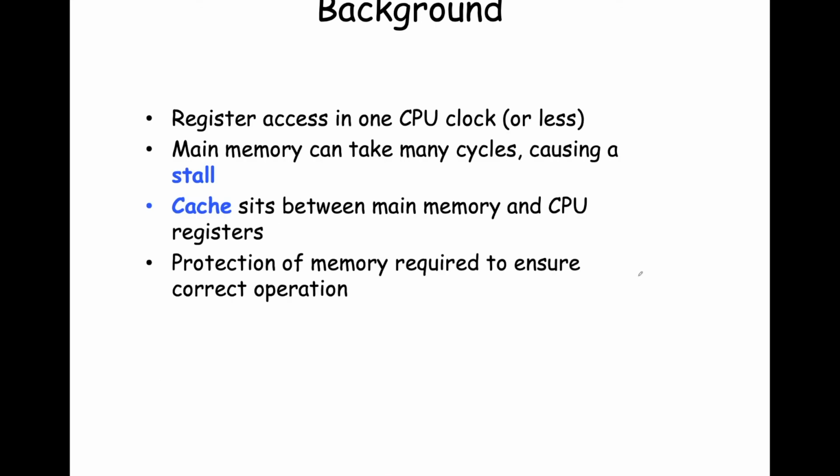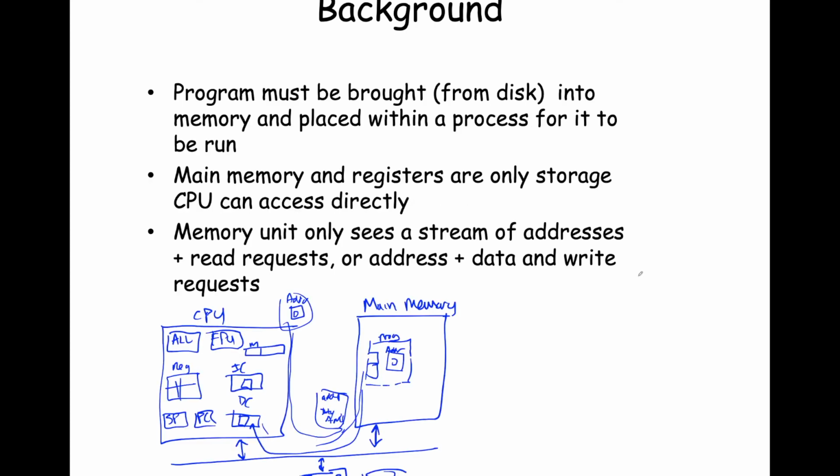Register access is in one CPU clock cycle, so it's really, really fast. The CPU doesn't go off chip when it's going to read information from its register to set up an instruction. If you have a 3 gigahertz CPU, that's about 1 nanosecond of time.